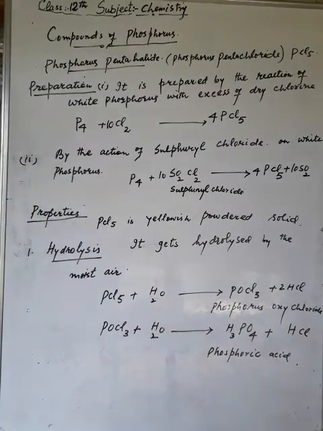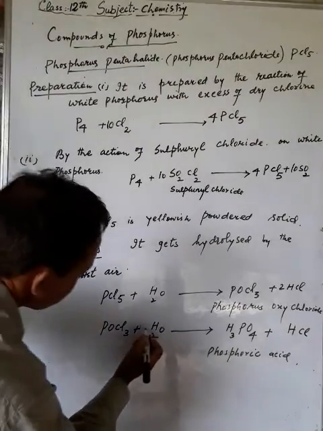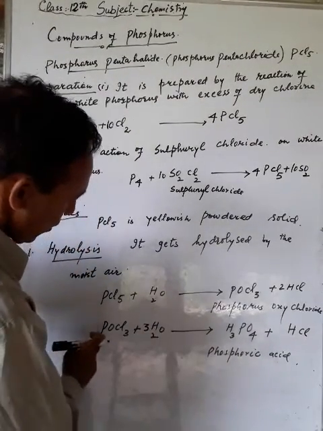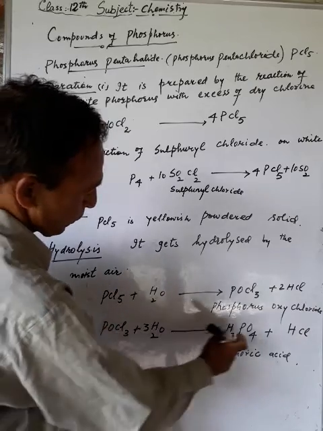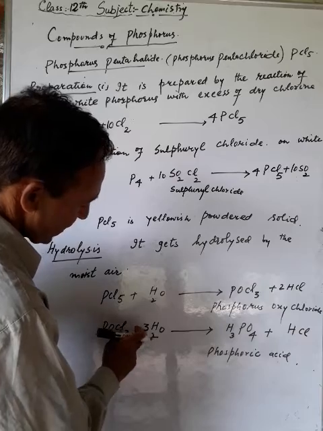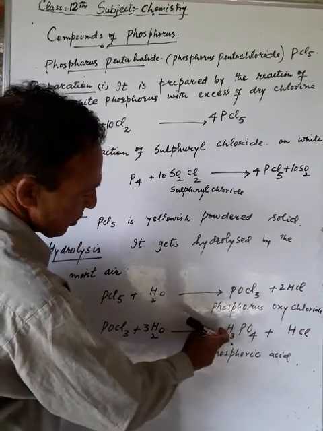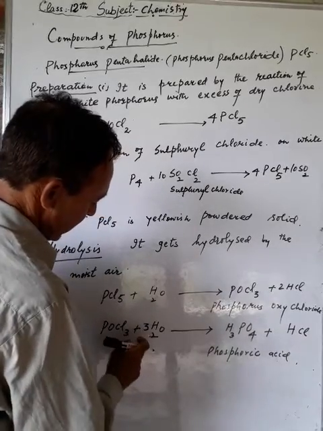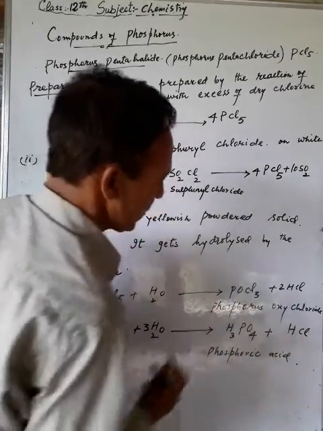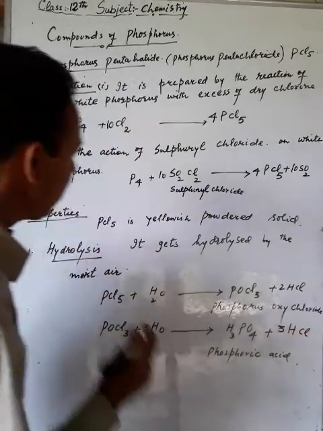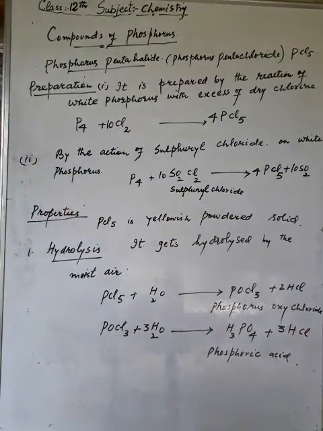Now here we will balance it, we will take 3 H2O. Now we have 6 hydrogen, 3 hydrogen we have taken here. Now we have 3 hydrogen left here and 3 Cl, this is hydrogen chloride 3 times. Now this is how it gets hydrolyzed.